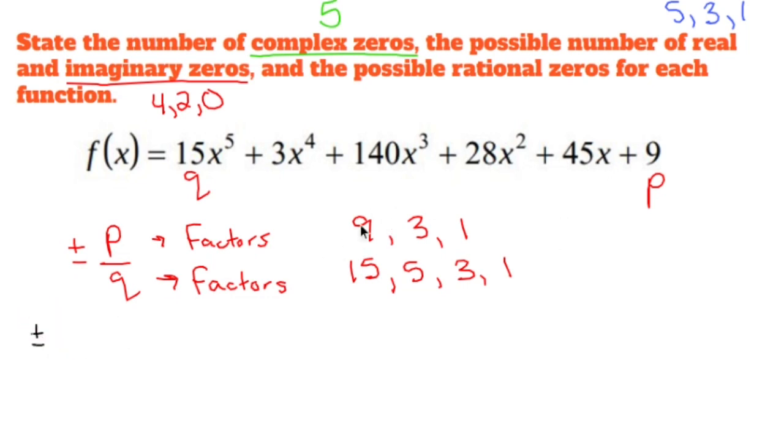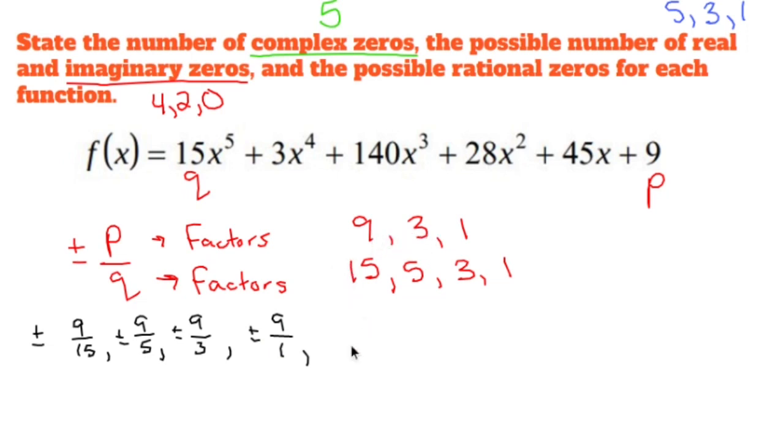Plus or minus 9 over 15, 9 over 5, 9 over 3. We'll simplify these in a little bit. I'm going to forget my pluses or minuses. Don't want to do that. And 9 over 1. Now, I'm expecting repeats to take place.